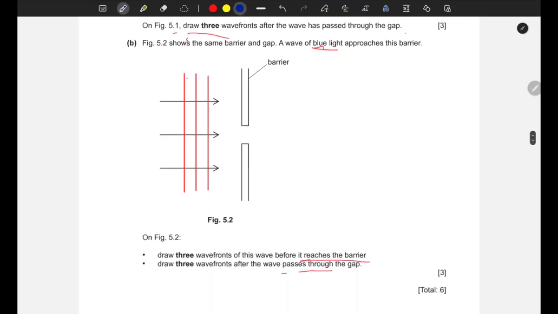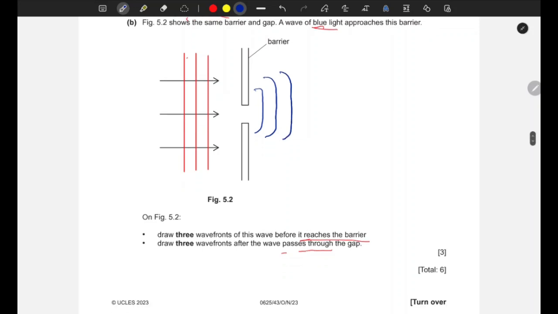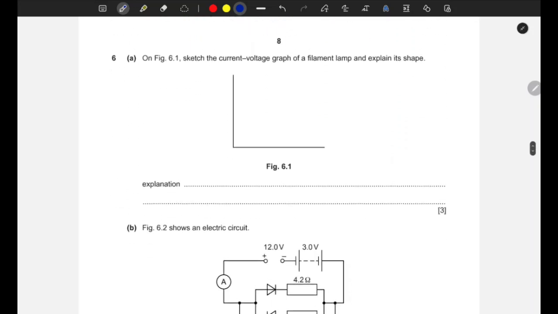So let me just use a blue one so it would be clear. They wouldn't bend as much. They would only bend towards the end. So this would be our answer.